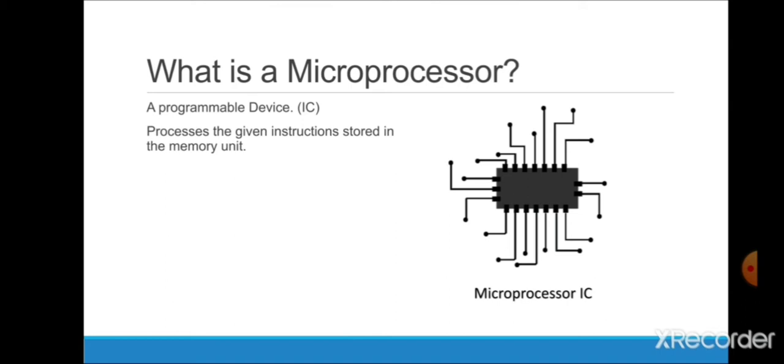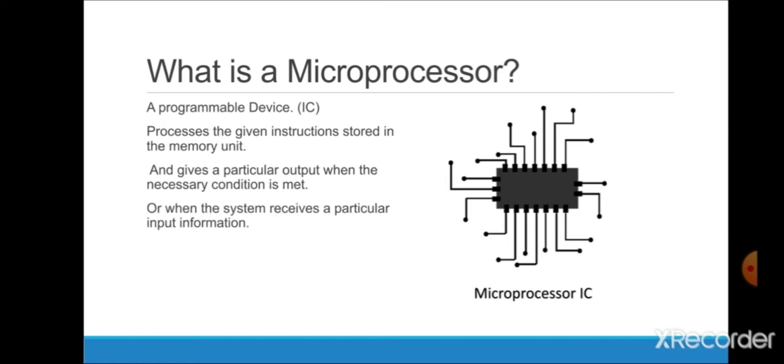Thus, we can say that a microprocessor is a device which processes the given instructions stored in the memory unit. It gives a particular output whenever a necessary condition is met or when the system receives a particular input information. Just like the previous example which we considered, blinking of the LED takes place only when the switch is pressed.